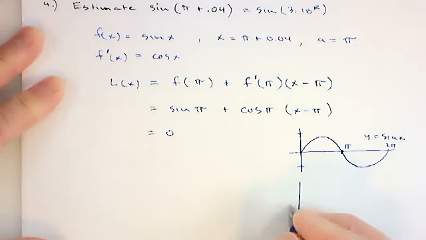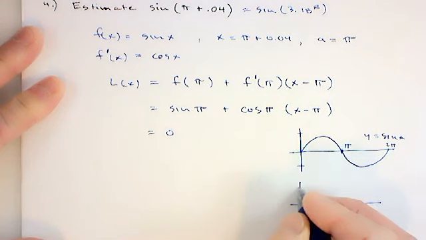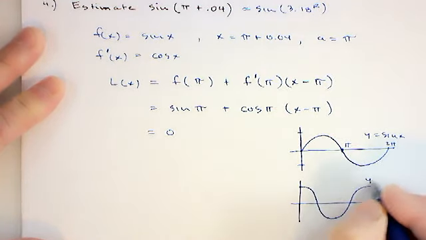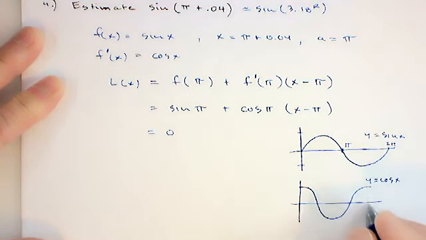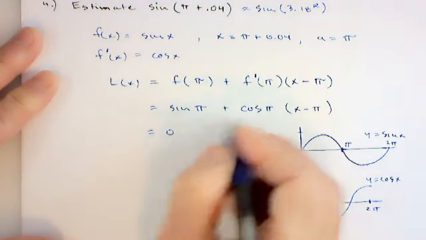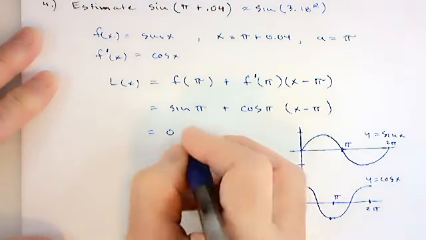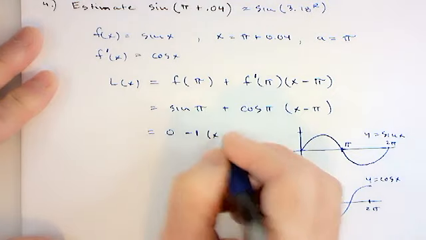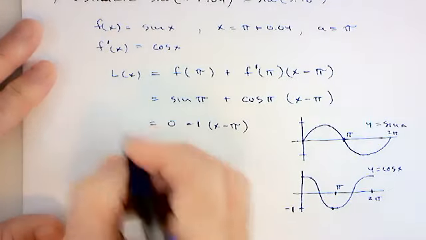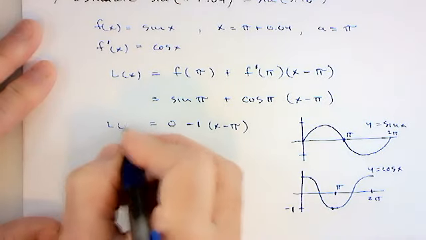Cosine is a really easy graph to construct, starts up at the top and does one complete cycle at 2 pi. So pi would be right in the middle here. I can see that the cosine of pi is -1. So it's going to be 0 plus cosine of pi, which is -1, times x minus pi. So that would be my linearization formula.